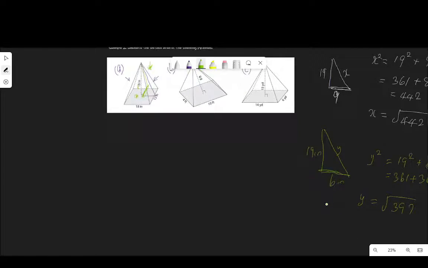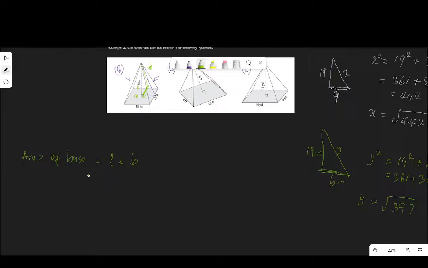Okay, now let's get the surface area of the pyramid. To get the surface area of the pyramid, we calculate the area of the rectangular base and the area of the 4 triangles, and add everything together. So let's start with the area of the base. The base is a rectangle, so the area will be length times width.